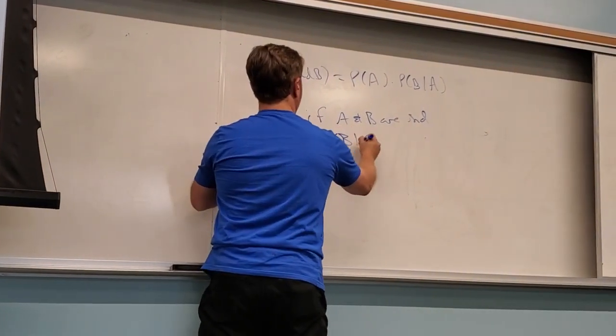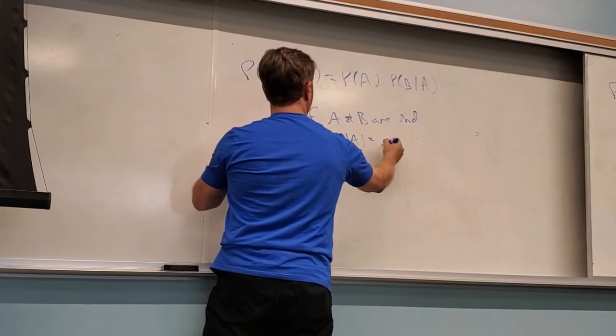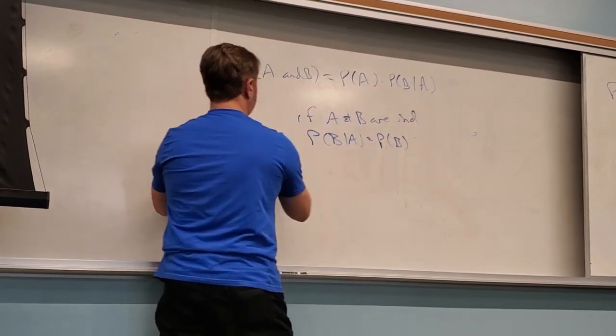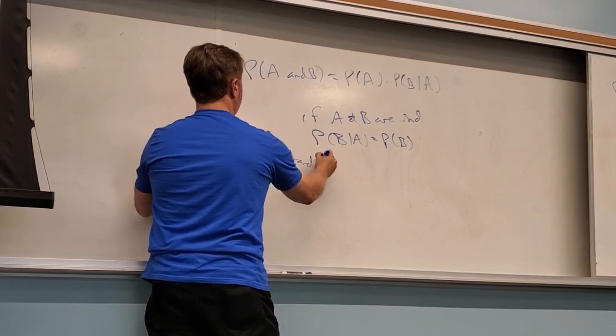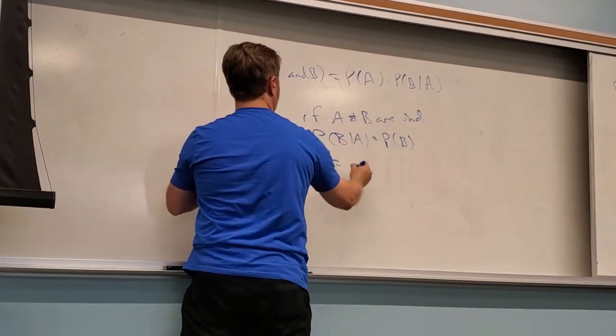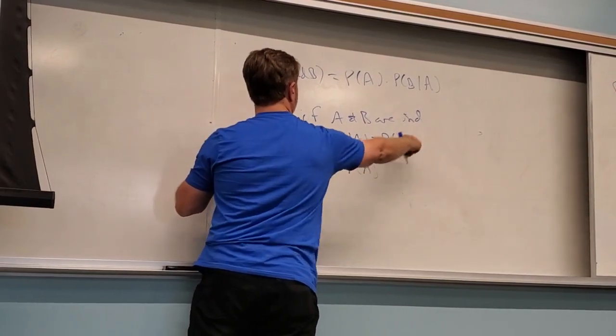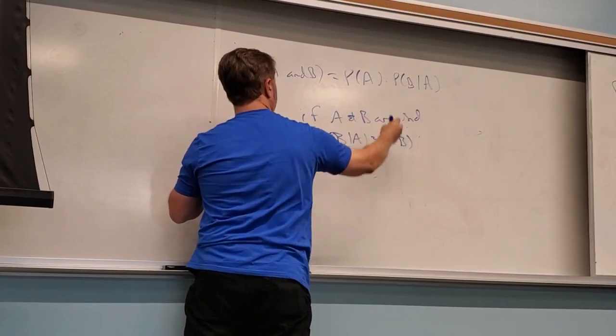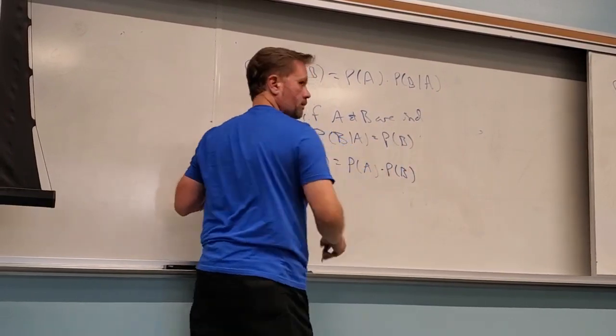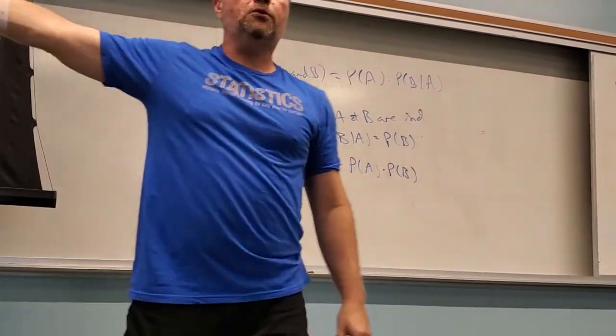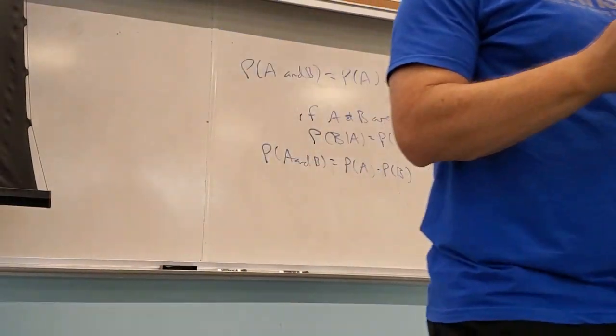What's probability of B given A? Then it equals P of B. So then what's probability of A and B? How can you write that now? Probability of A times probability of B. Right? Now replace A and B with Q and R, and you got that problem easy.